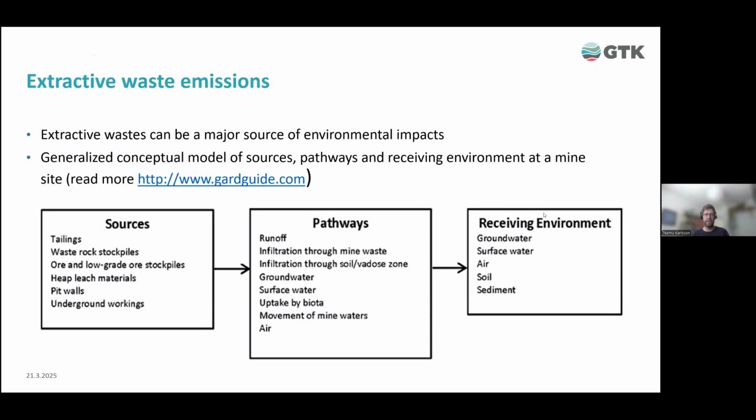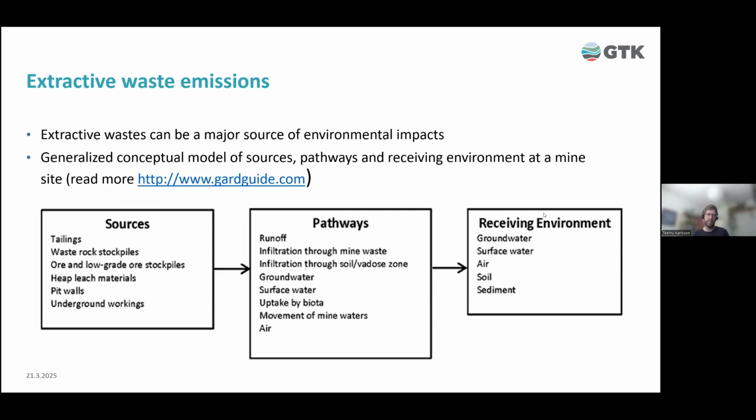As said, extractive waste can be a major source of environmental impacts. Here's a generalized conceptual model about the sources, pathways, and receiving environment, taken from this guide that you might want to visit.